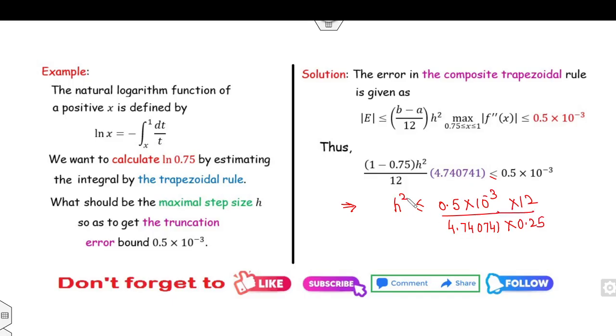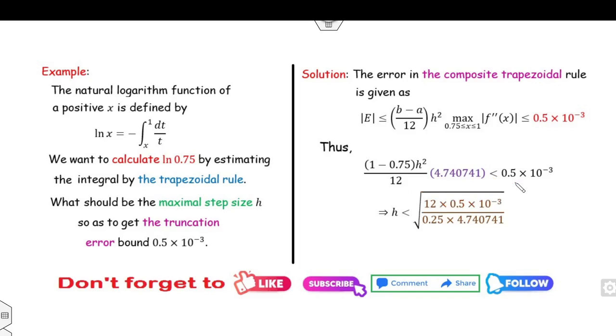Fine, and then take the square root. So your answer will be this part. After the calculation, you will get the answer as 0.0712. So that means the maximum step size is 0.0712, which is the right answer of this problem.